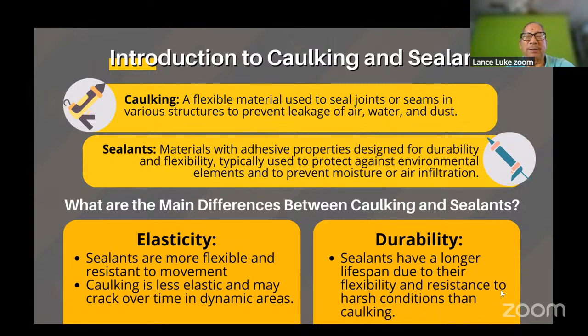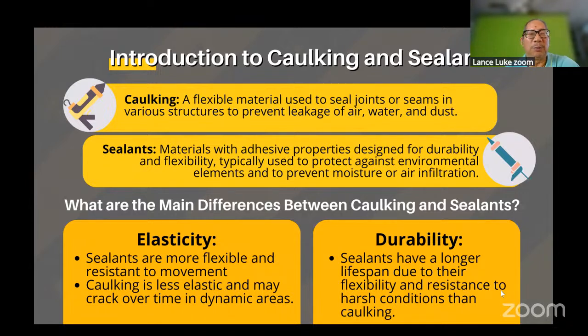It gets a lot of sun, rain, humidity, and all that, and it starts cracking. When it gets old, it gets hard and cracks. When it cracks, you've got these open areas where water can get in. And so that's why it's very important on a painting project to make sure the caulking is done.